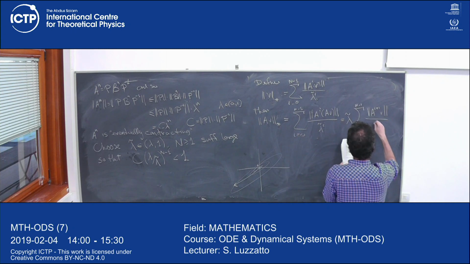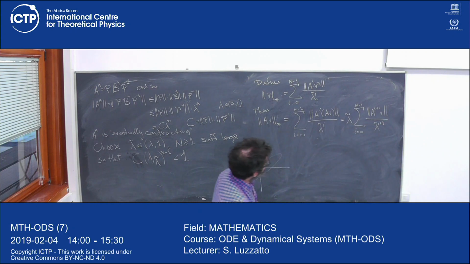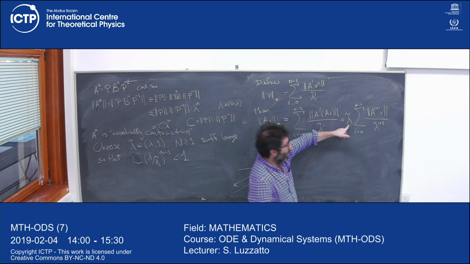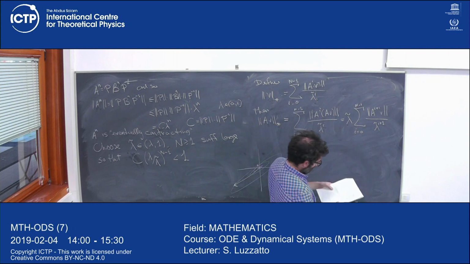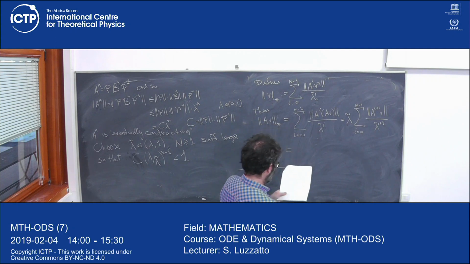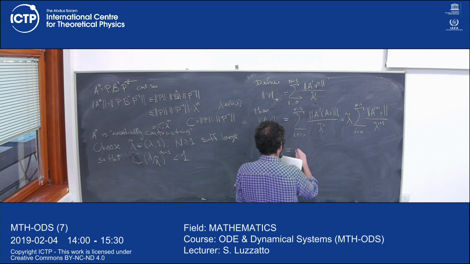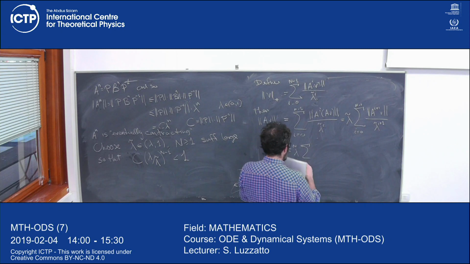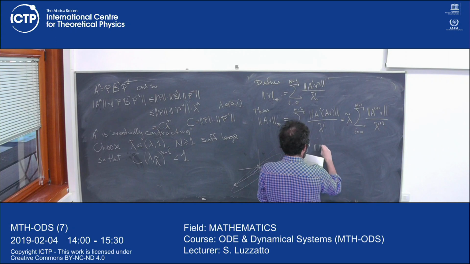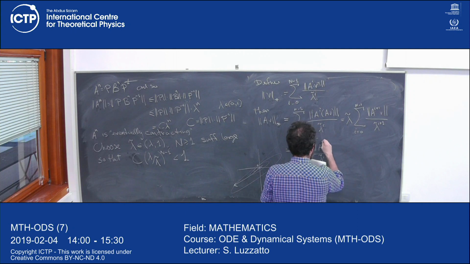So I changed the index a little bit, so I put i plus 1 here, and that gives me an extra factor which I pull out here. And then I separate this out into lambda tilde, the sum i equals 0 to n minus 1 of a^i v over lambda tilde^i.